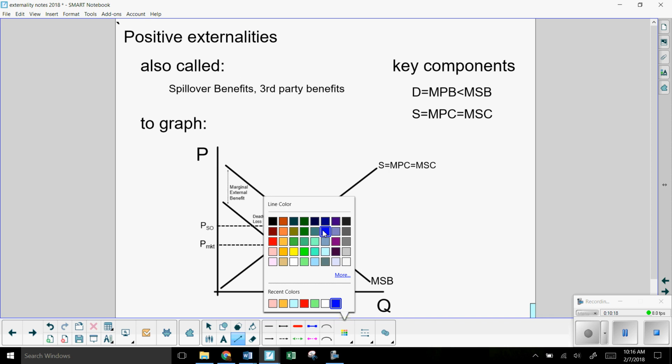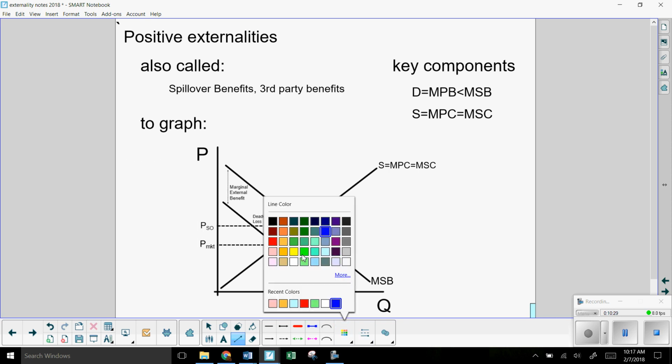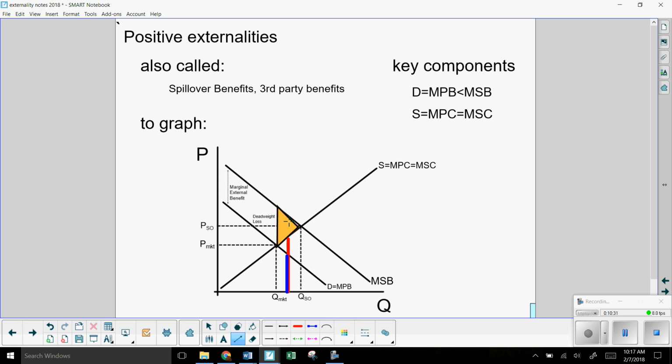And how much benefit did we get from that last unit? Well, we'll break it down in a different way this time. That's how much benefit the buyer got from that unit. And here's how much benefit, well, we already know. This is the amount of benefit that somebody who's not the buyer gets from each and every unit, right?